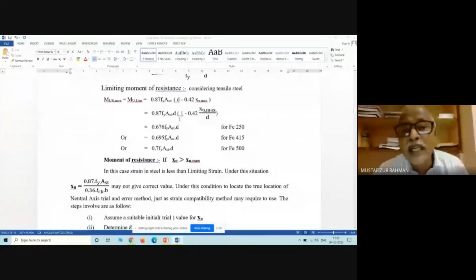Now 0.87 FY AST D minus 0.42 XU maximum. Right, now here again D is taken out. When D is taken out, one D is here and one D comes here. Now you see a similar thing in the previous expression also.